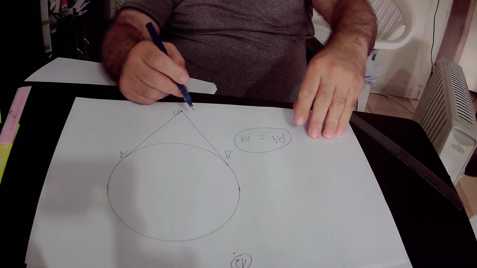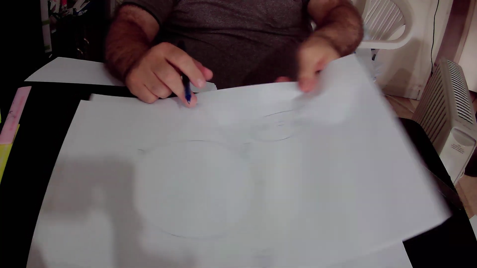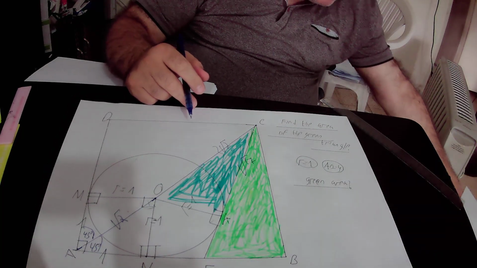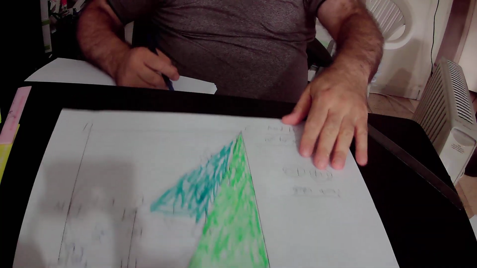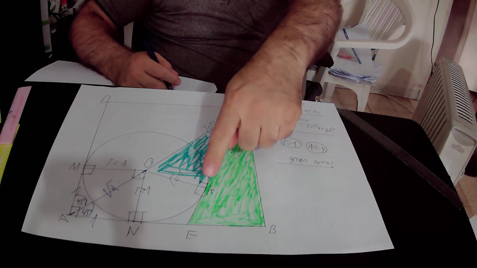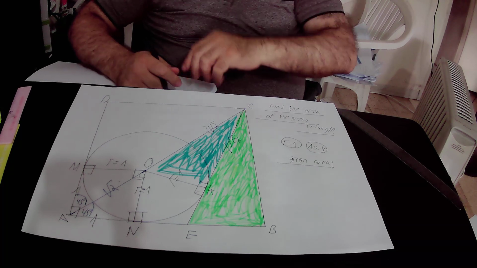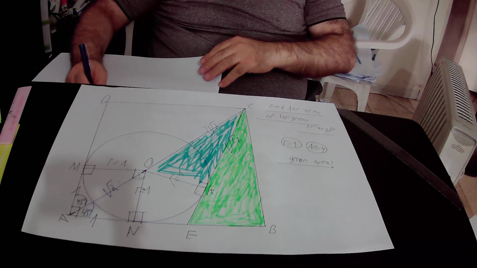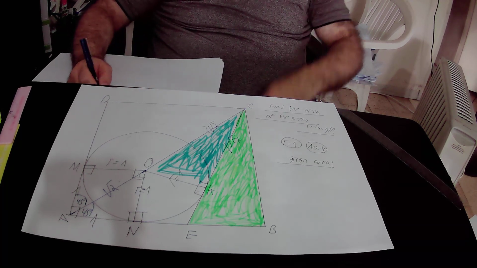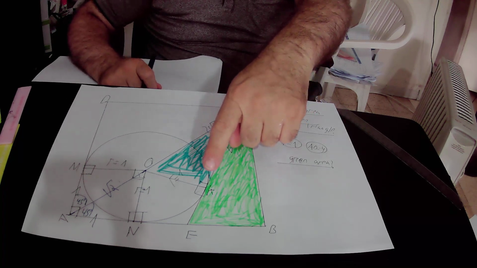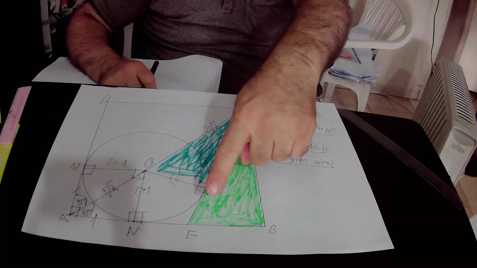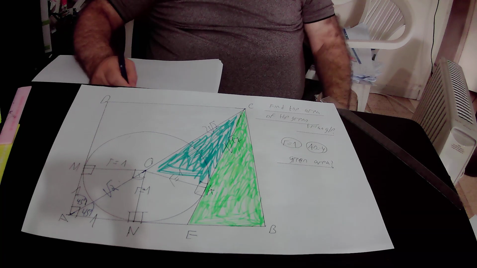Okay, so we can implement rule number 8 in our drawing, because in our drawing we have the external point, point E, and from the external point E, we have two tangents to this circle. The first tangent is EN, the second tangent is EK.